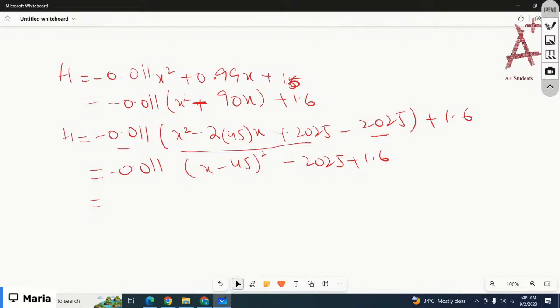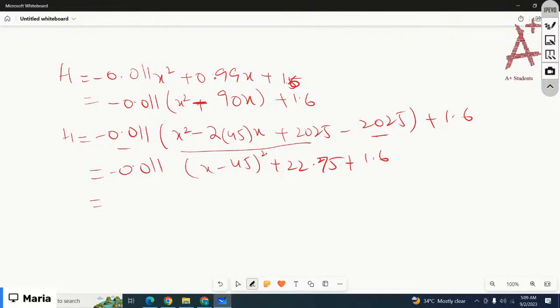It would be 22.275, right? You have to multiply it, and it would be positive 22.275 because you multiply it with the negative value, right? So it would be then added. So you can just add them.